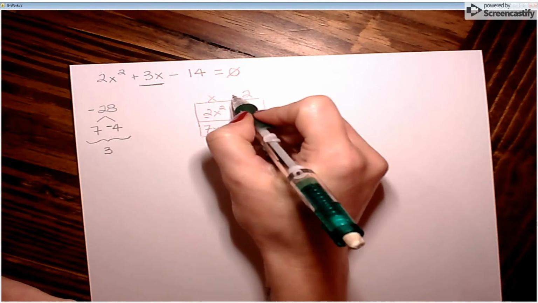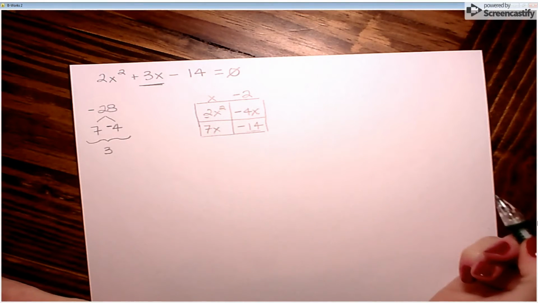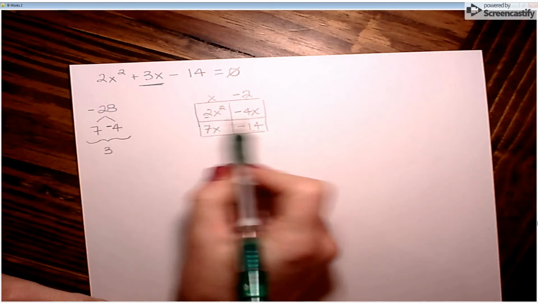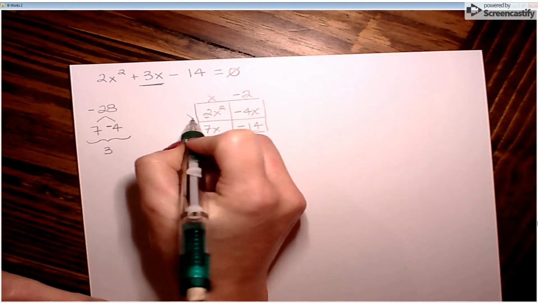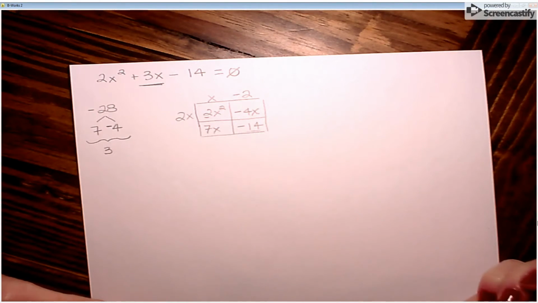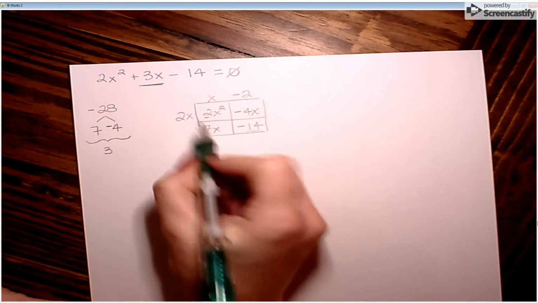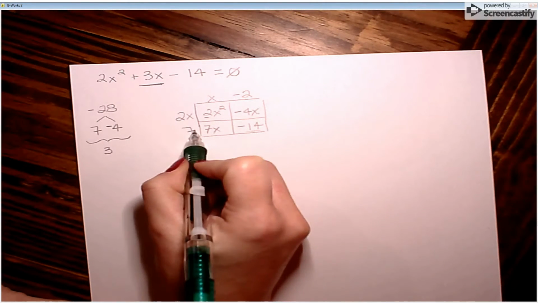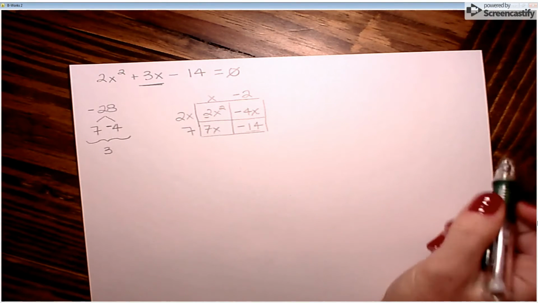Since both of them are negative, I'm also going to make that a negative 2. Coming out this way from this row, 2x squared and negative 4x, they both have an x and they're both divisible by 2. And then the last row, I have 7x and negative 14. So that's going to be positive 7 since they're not both negative.